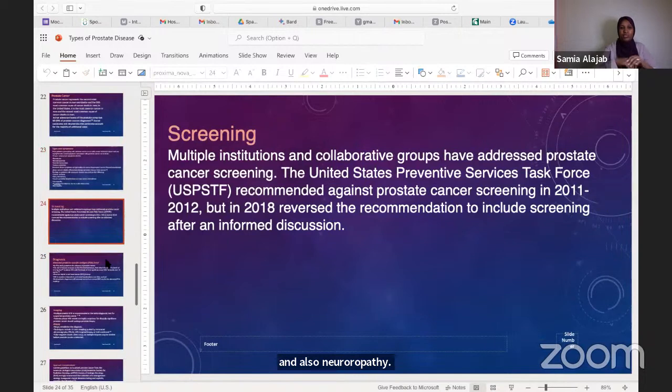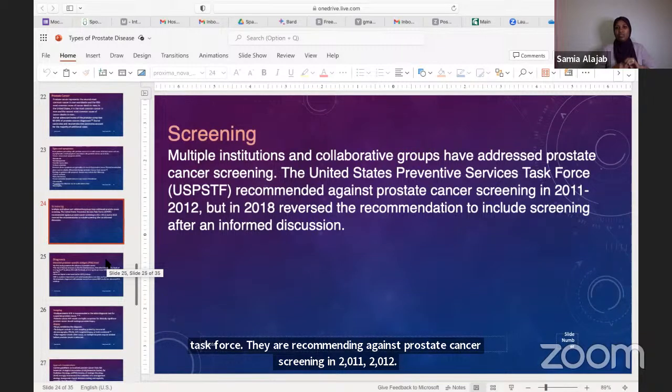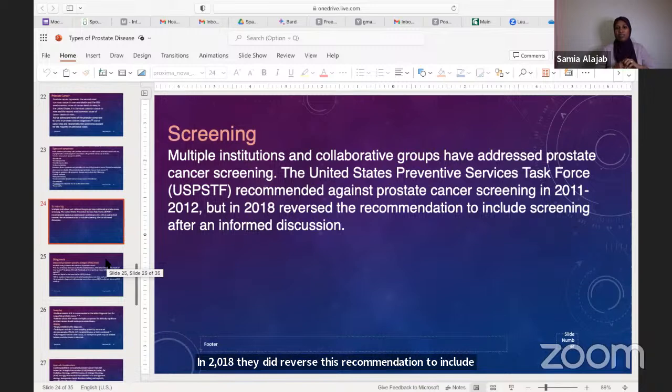Okay, so as we said, screening is still controversial. There are multiple institutions and collaborative groups who have addressed prostate cancer screening. One of them is the United States Preventive Services Task Force. They recommended against prostate cancer screening in 2011, 2012. In 2018, they reversed this recommendation to include screening after an informed discussion.